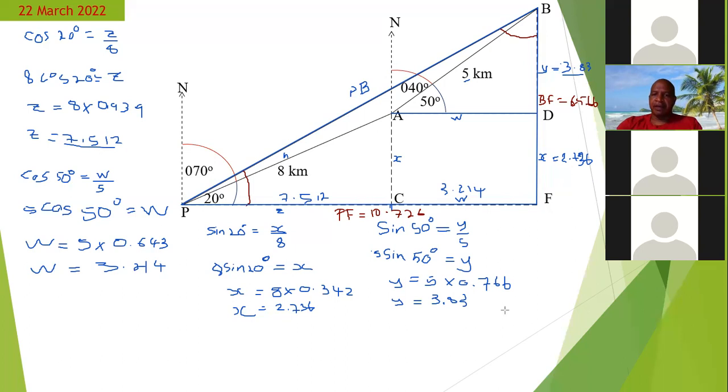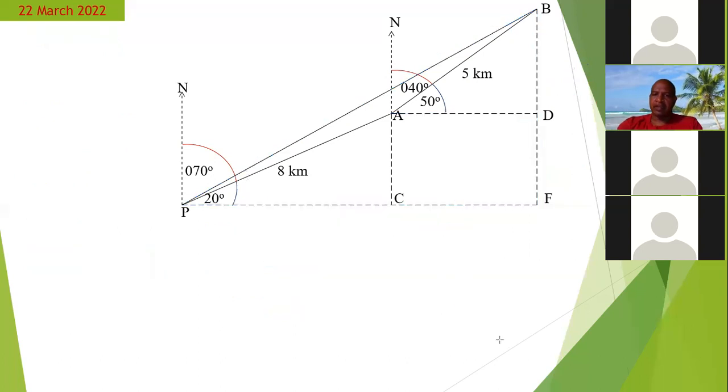All right, is everybody following and understanding so far what is the aim of this question? I'm going to clear all that we have done here, and I'm just going to walk you back through what we have been doing. What we know is that the question asks us for the length of PB, which is the distance that the boat would be from B. It also wants you to calculate the bearings that the boat would be.